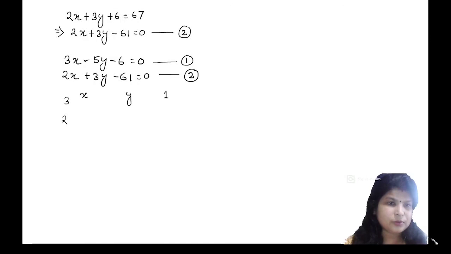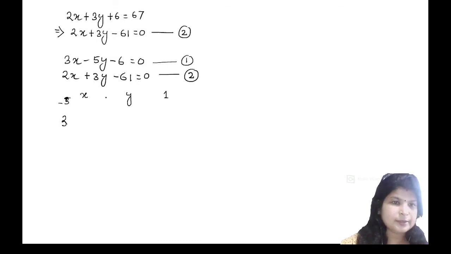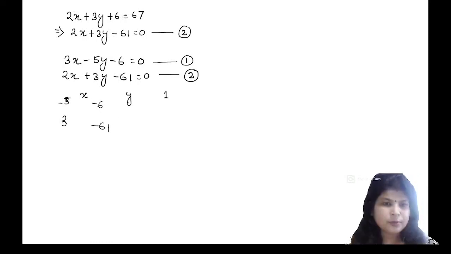So for x, I will write minus 5 and 3, and here I will write minus 6 and minus 61. For y I will write C1 C2 and A1 A2. For constant I will write A1 A2 and B1 B2.